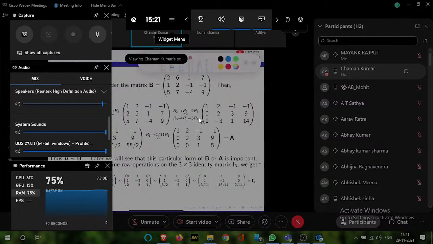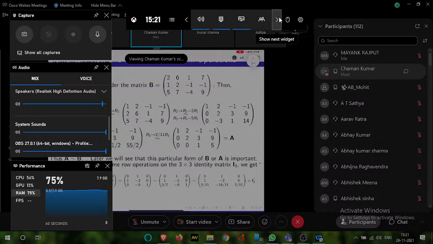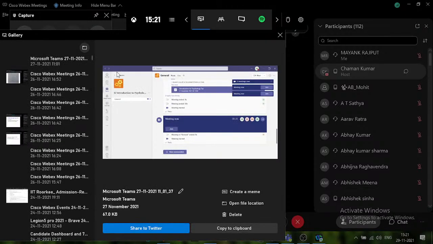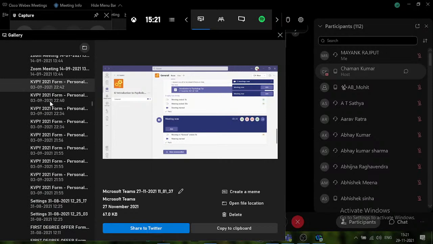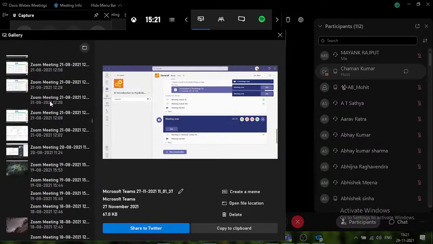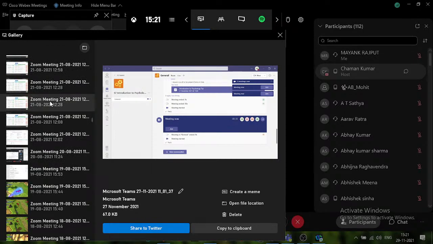Now let us do the next operation, which is: replace R3 by R3 plus 3 by 2 R2. When you do this operation, you will get this matrix. And the last one is: replace R3 by 2 by 11 R3. So you apply this operation here, you get this matrix.